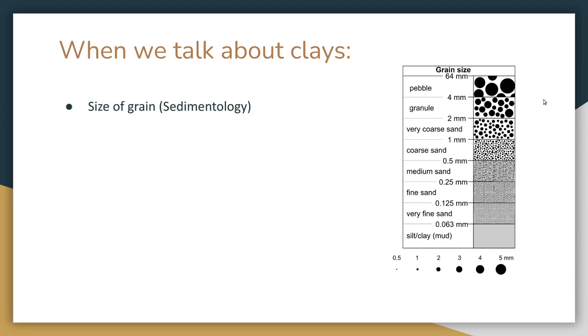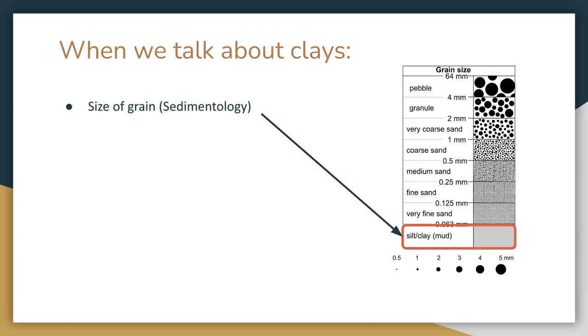As we can see, we have pebbles, granules, very coarse sand, medium sand, fine sand, very fine sand, and silt or clay, which is stated as a maximum of 0.063 millimeters.